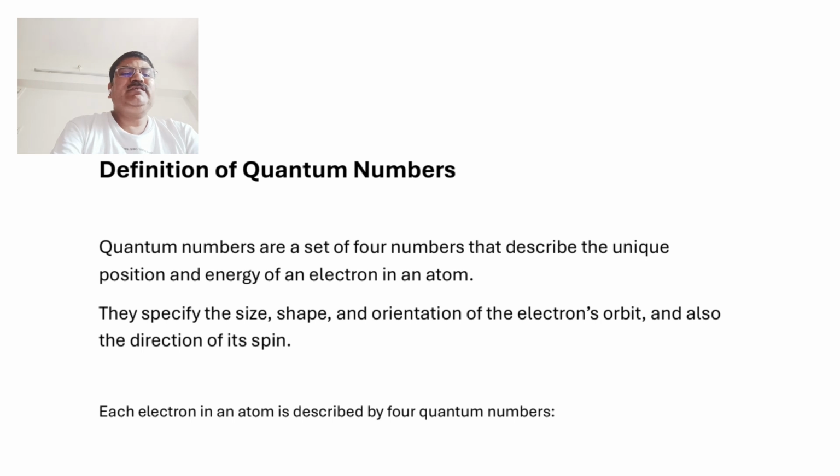Third, it explains shape and orientation. And fourth, it explains the direction of spin of the electron. Spin, how it is spinning. So there are a total of four types of quantum numbers and we discuss them one by one.